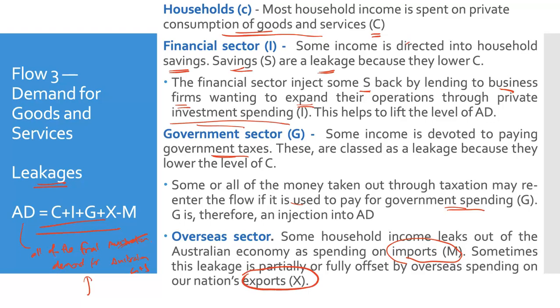So in summary, and that's a bit complicated, aggregate demand is the final demand for all Australian goods or services that are final. It comprises consumption by households, investments by the financial sector to expand businesses' operations, government spending, exports, and it is reduced by the imports.